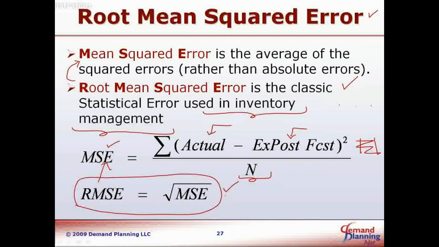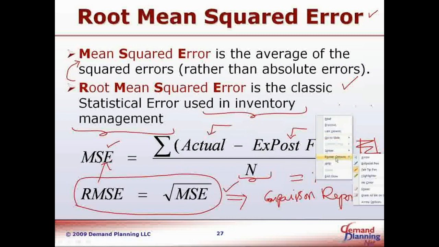So mean squared error is nothing but the actual observation minus the ex-post forecast, but you square the term instead of taking absolute values. You are squaring the error, summing the errors over all the observations, adding them up over all the observations and taking an average, divided by the number of months.